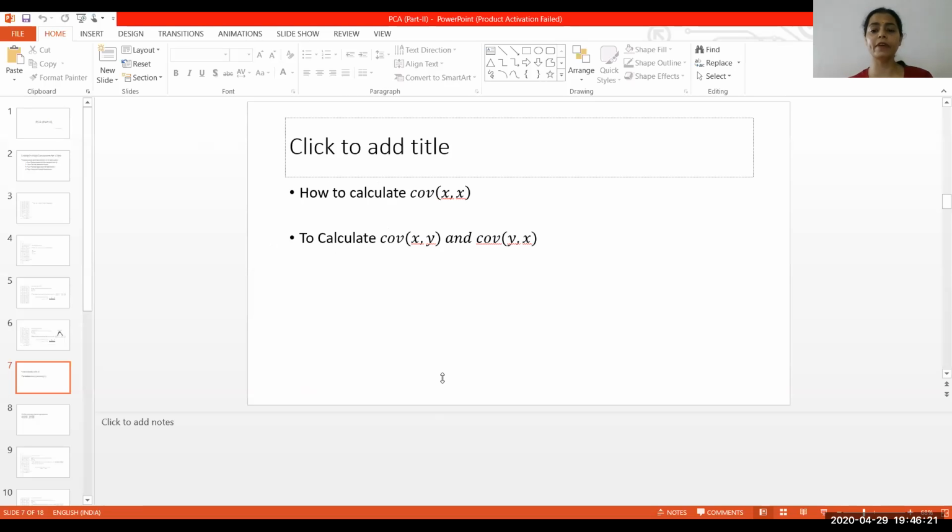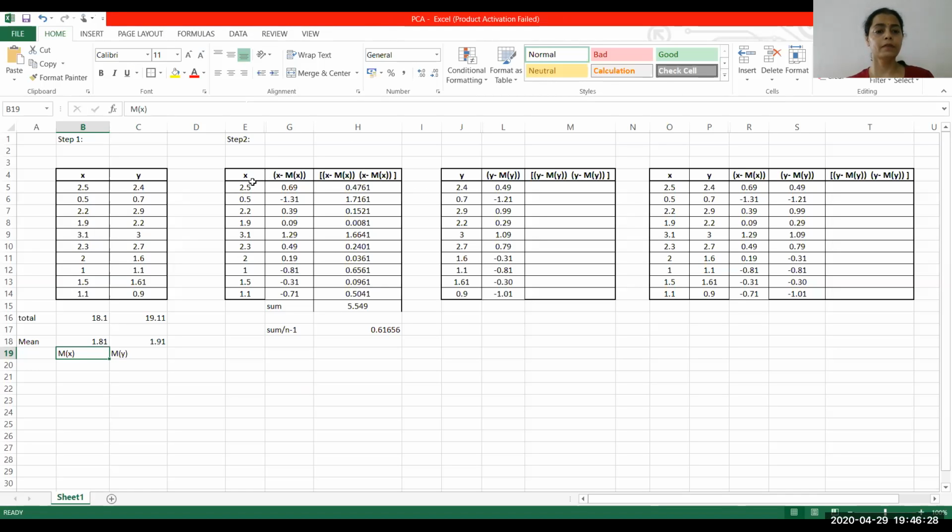Shifting to our Excel sheet, we have copied the values of x, generated x minus mx, the mean of x, and then done the product of x minus mx into x minus mx, which is xi minus x bar into xi minus x bar.